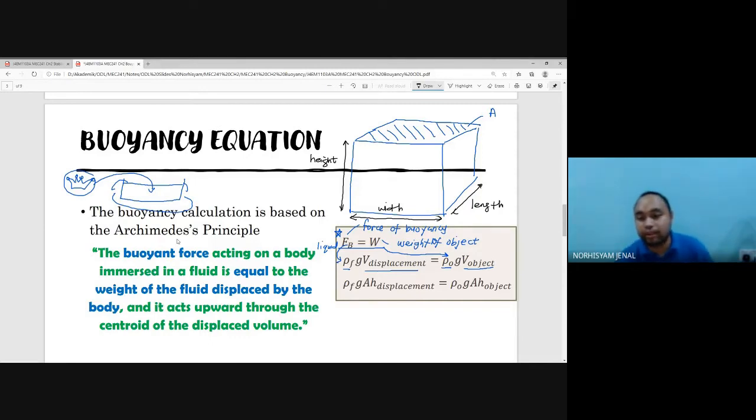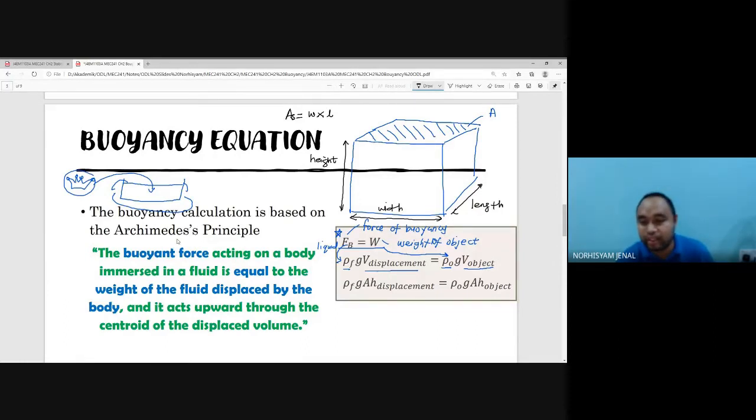If the surface is a shape like this, the surface area is equal to width times length. So the difference between FB and W is based on the height.